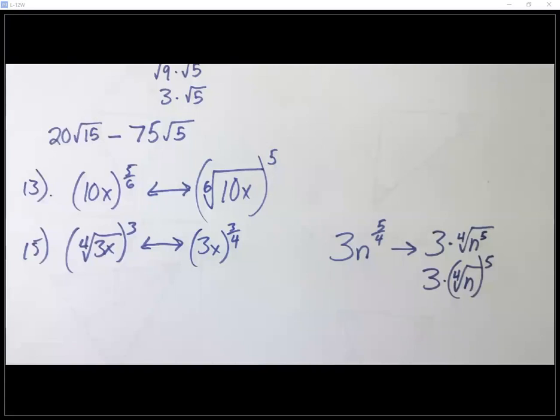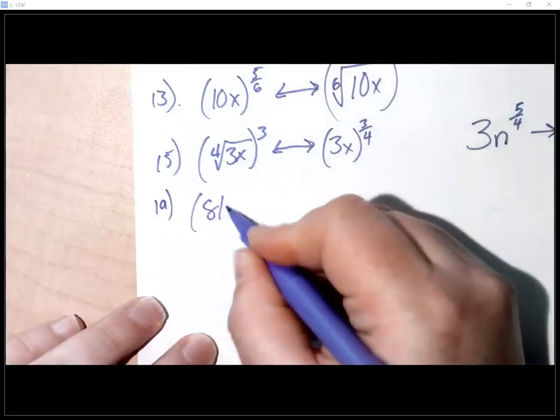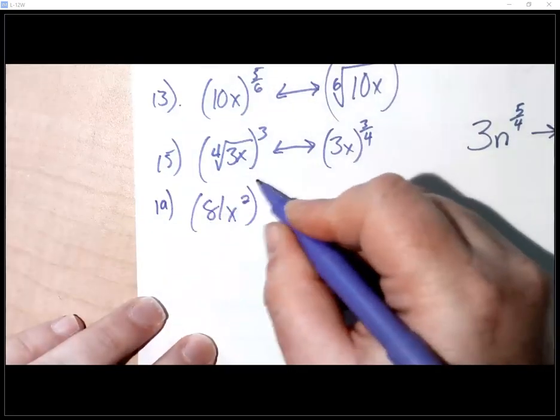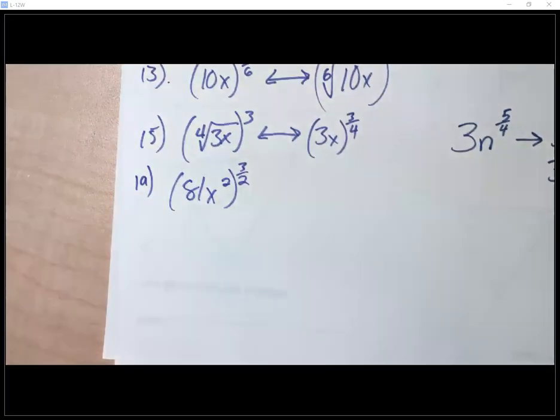All right. So there's the first page. Now on the inside, let's do something like 19 looks good. 81x squared, and then I'm going to raise that to the 3/2 power. What am I doing with this? Everybody gets raised to the 3/2 power.